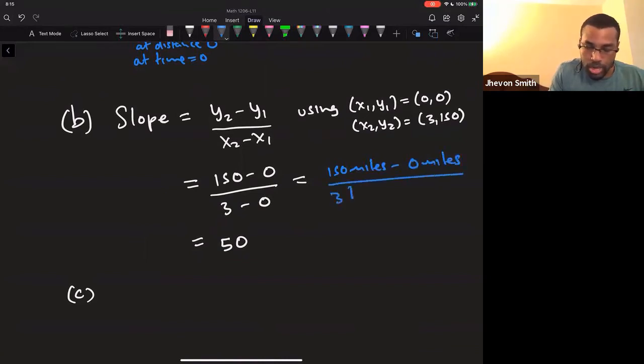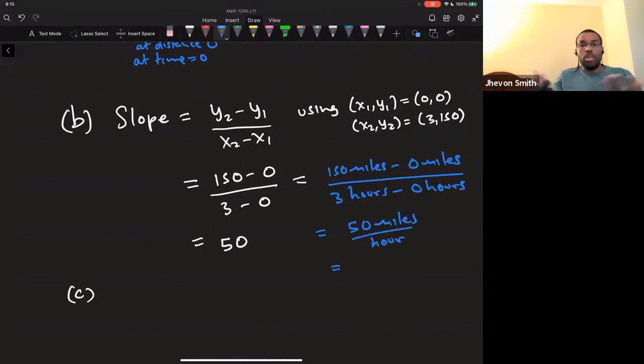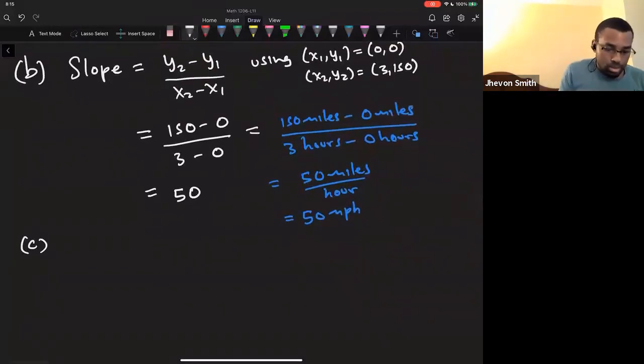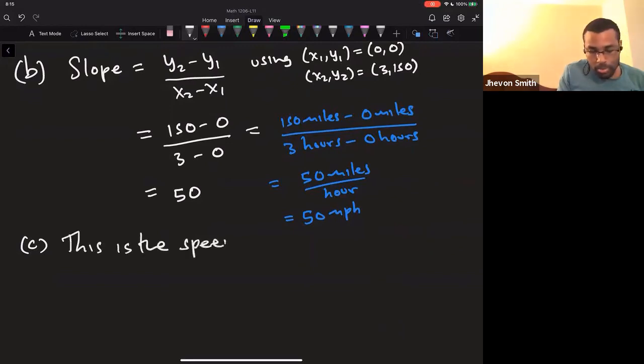And the bottom, it's 3 hours minus 0 hours. So this just becomes 50 miles divided by hour. And so this is what we know as miles per hour, right? 50 miles per hour. Turns out that's the speed of the object.